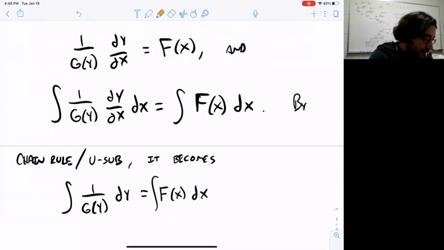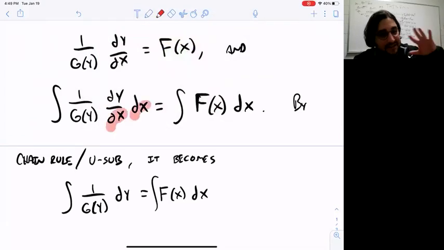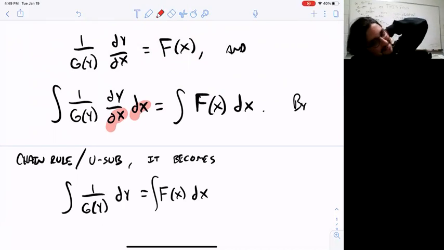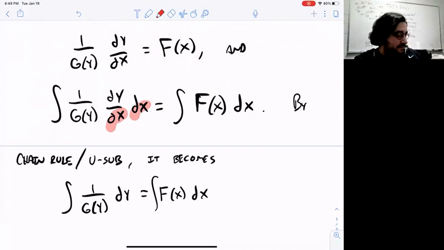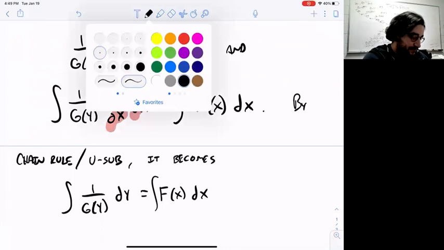If you want to think of it as the dx's canceling, that's a nice way that the notation is built to make the right things happen. But you can also think of it as having some inner function and multiplying by the derivative of the inner function, y, that is dy/dx.